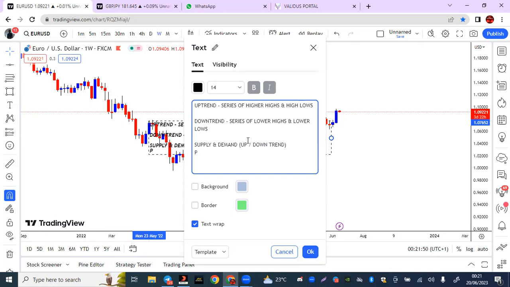Number one, price breaks a trend line and takes off an opposite demand zone.